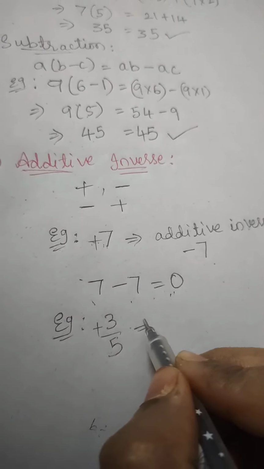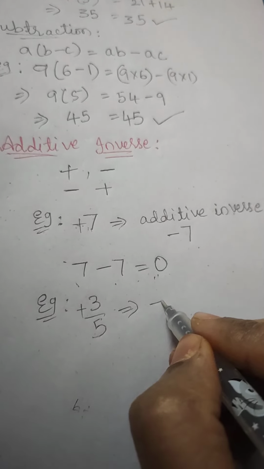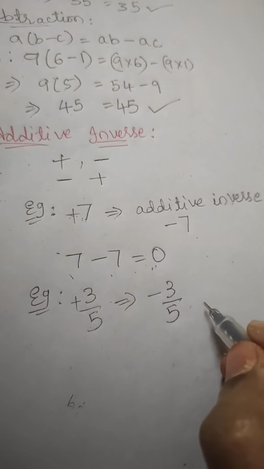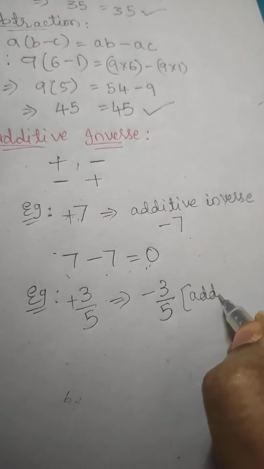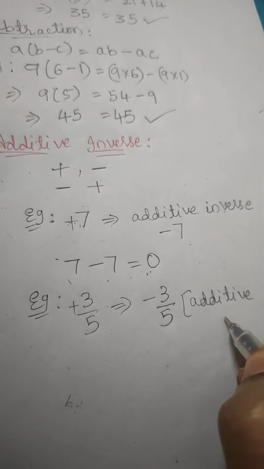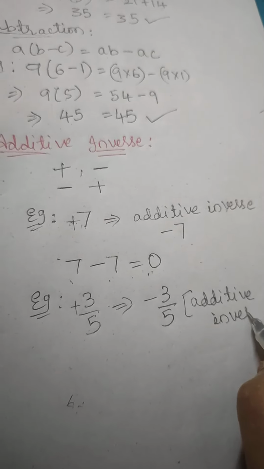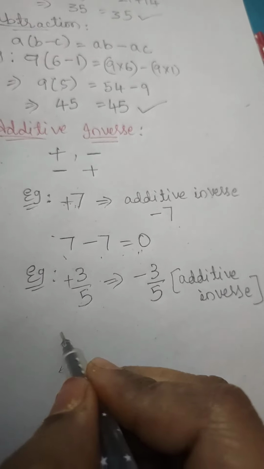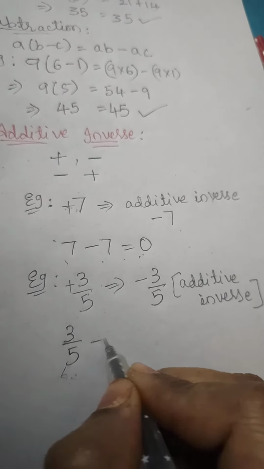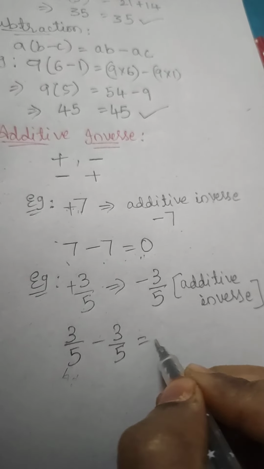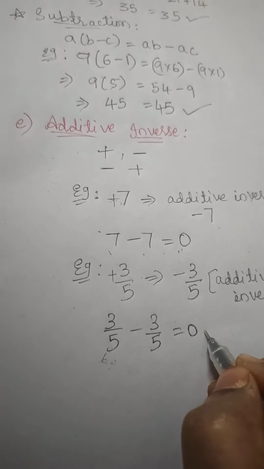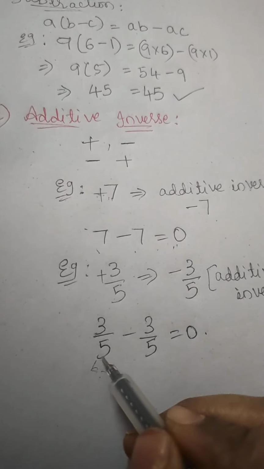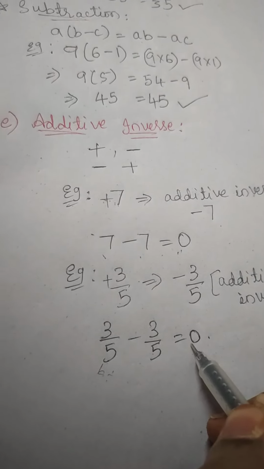Its additive inverse will be minus 3 by 5. If I add both these numbers, 3 by 5 minus 3 by 5, I will get the value 0.